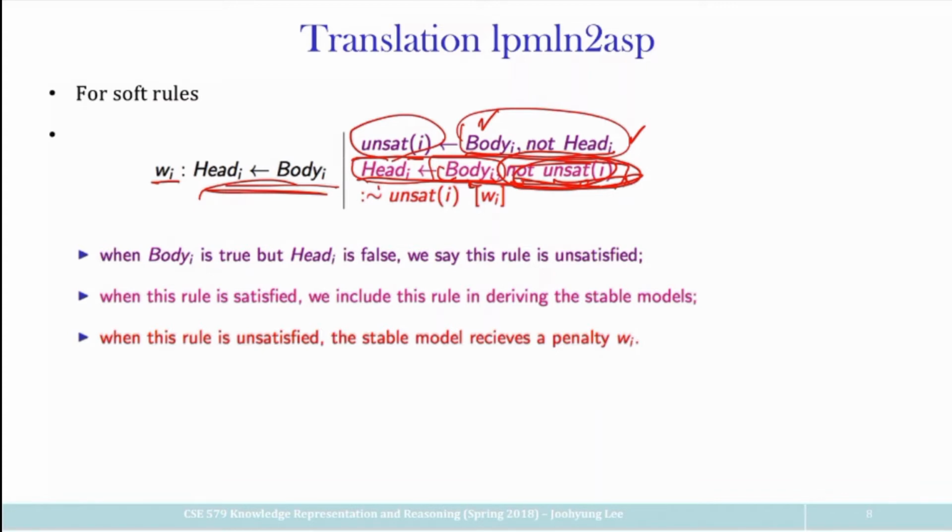So you can think about these two cases. Case 1, when body is true and head is false, the overall effect is the same as head if body. But when body is false or head is true, the overall effect of these two rules is nothing, as if you're just dropping this rule.